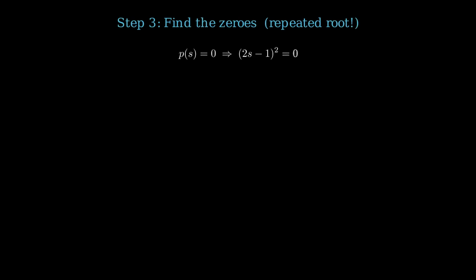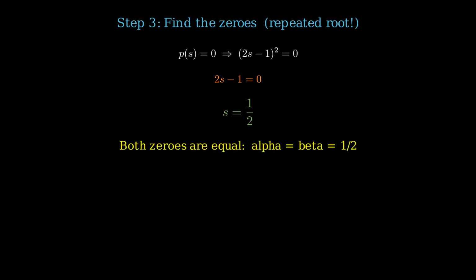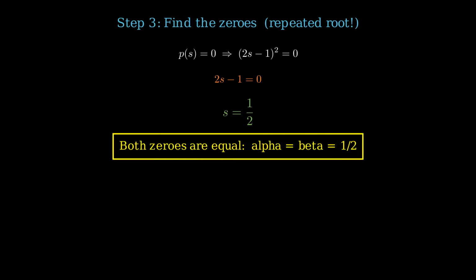Step 3. Find the zeros. Setting 2s minus 1 squared equal to 0 gives 2s minus 1 equals 0, which means s equals 1/2. Since both factors are identical, alpha equals 1/2 and beta equals 1/2. This is a case of a repeated zero. Both zeros of the polynomial are equal to 1/2.